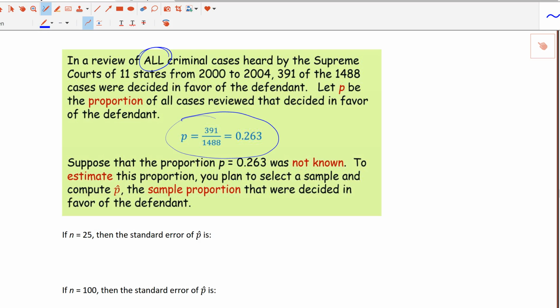So let's first say that n equals 25. Okay, so the standard error, remember, is just the standard deviation of the sampling distribution. The standard deviation of that sampling distribution is the square root of P times 1 minus P divided by n.